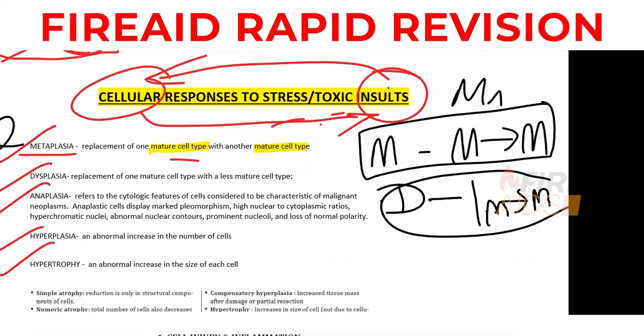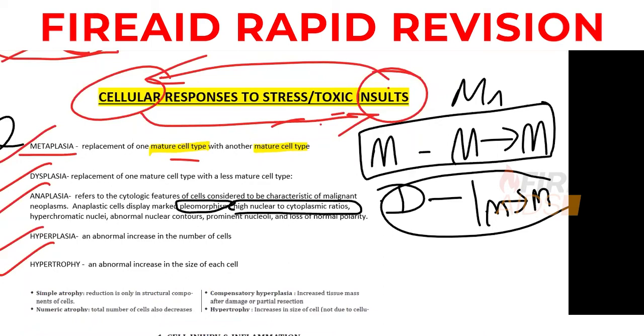Then comes anaplasia. Anaplasia is cytologic features of cells which are considered to be characteristic of malignant neoplasm. Anaplastic cells show something called pleomorphism. It shows a lot of different morphology and high nuclear to cytoplasmic ratio. These are the two important MCQs that you need to know in this line.